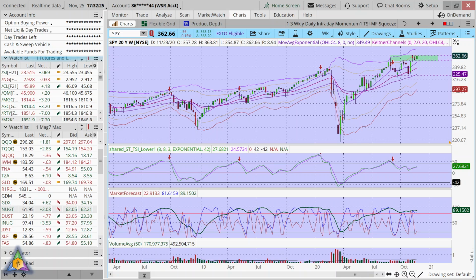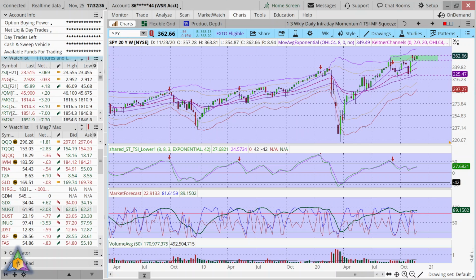Just to give you a flavor for what has been happening with the weekly chart, what's the longer term trend. It's always a good idea when you're looking at particular stocks to start with what we'll call the anchor chart.